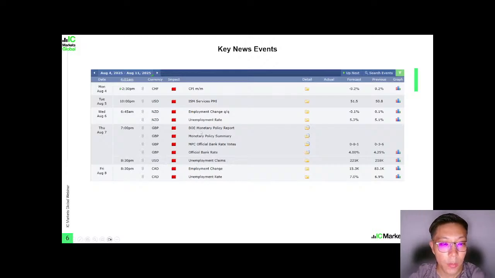For GBP news we have the Bank of England monetary policy report, and also the monetary policy summary. Usually once we have more than 3 or 4 news for GBP, it will affect pairs like GBP USD, GBP JPY and GBP AUD greatly.